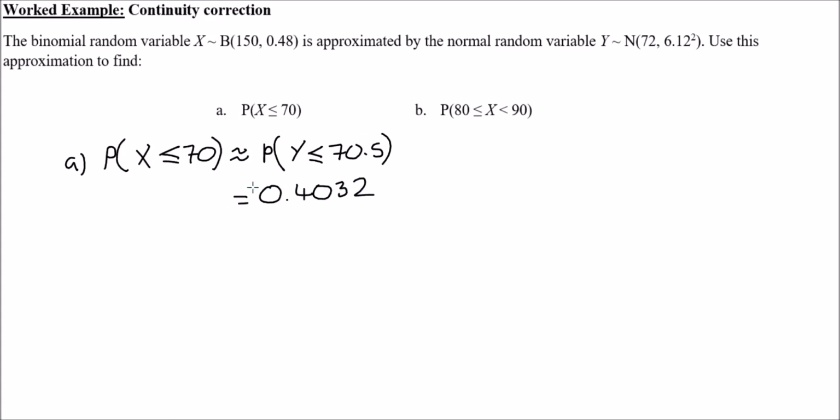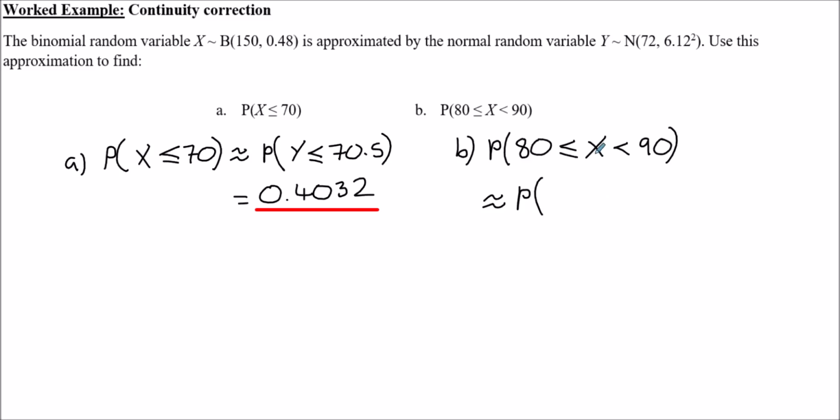And for part B, we want an approximation to the binomial probability of X being between 80 and less than 90. So 80 and upwards, but less than 90. So we say this is approximately the same as the probability of big Y, the normal approximation, being as little as 79.5, because 80 spans from 79.5 to 80.5.